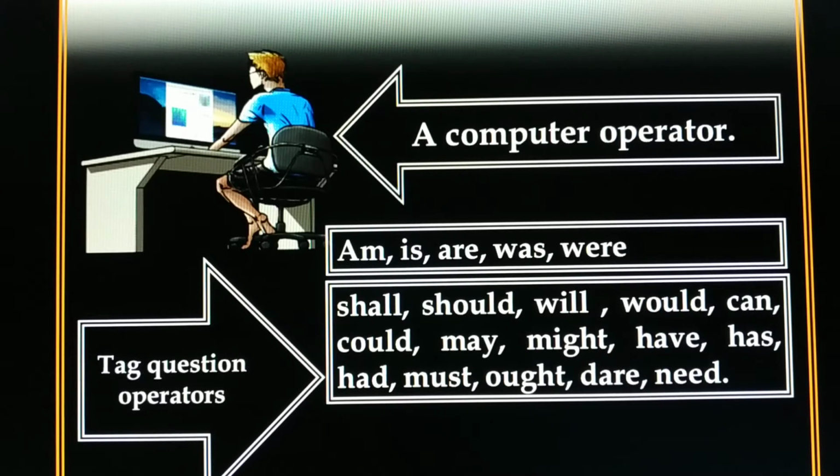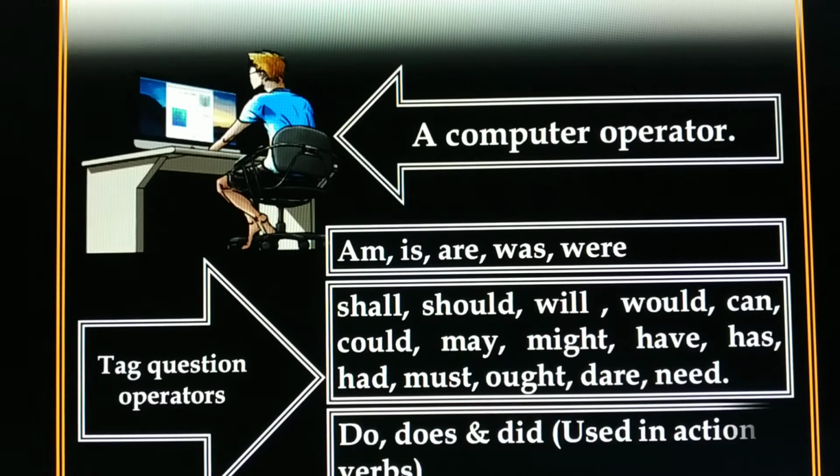These are the tag question operators because we mostly use auxiliary verbs or modal auxiliaries to create a tag question, and sometimes do, does, and did, which are used with action verbs.